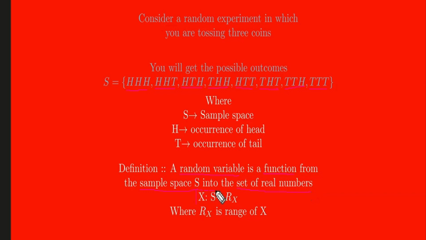You can see here X is defined from the sample space to the set of real numbers, where Rx is the range of X. Now we will define a random variable as the number of heads, X(s), where s is an event in the sample space S.